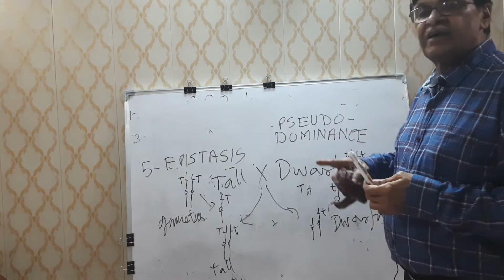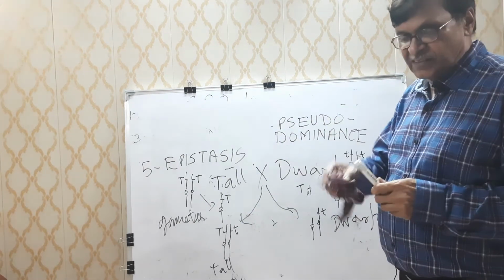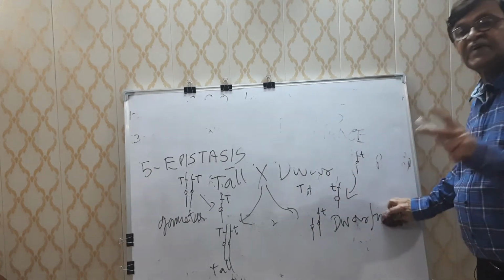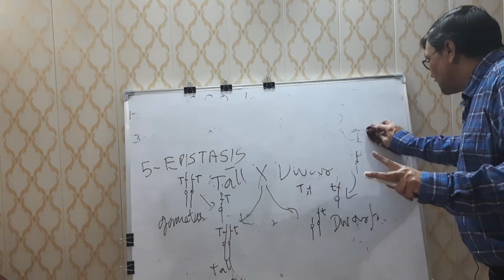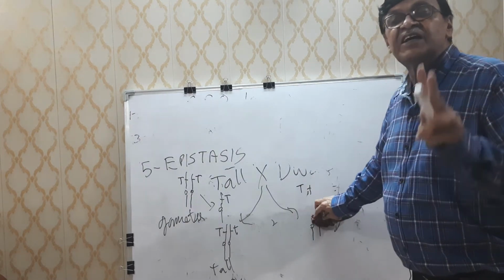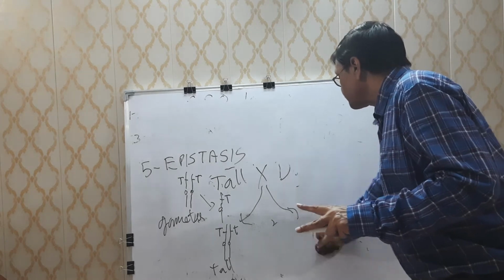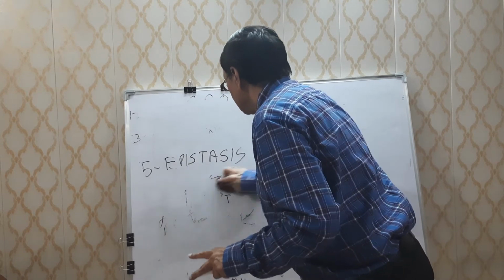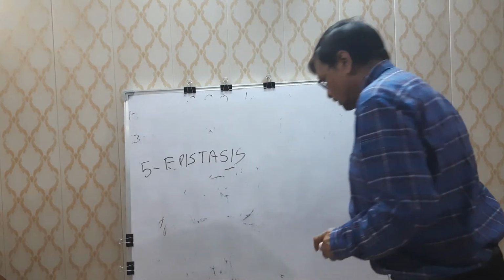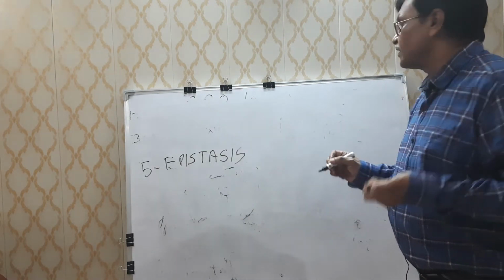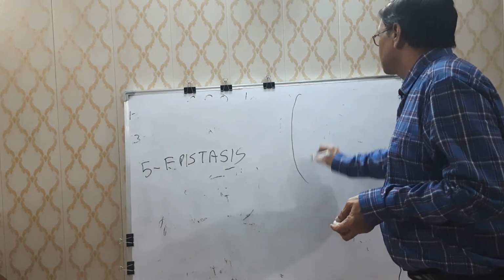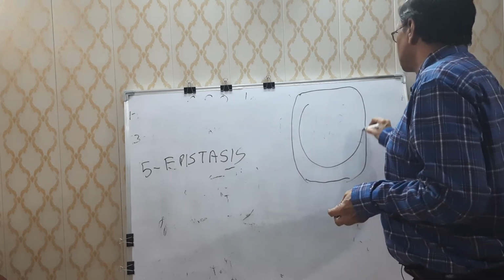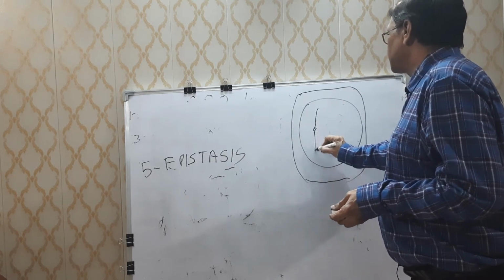And now epistasis. In epistasis what happens? All these 4 were intraallelic, but epistasis is interallelic. Suppose there is an organism and its cell contains 2 pairs of chromosomes.